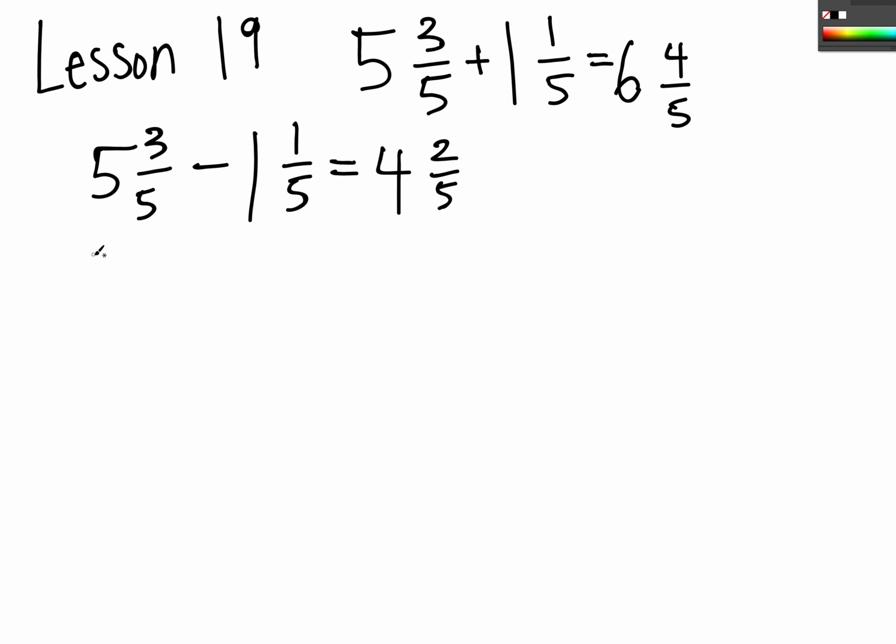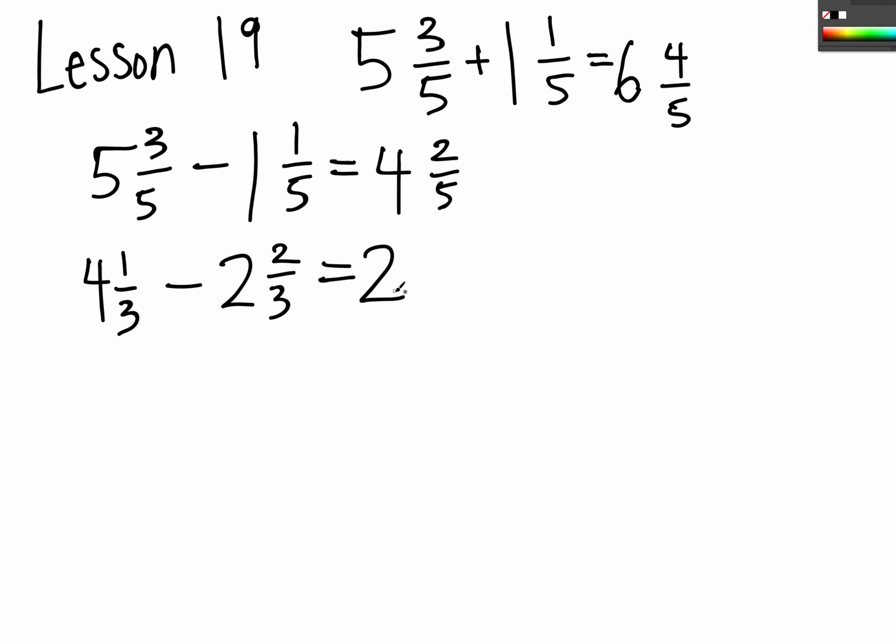So now we're going to look at a mixed number problem of subtraction, but it's going to require some additional work for us to do the subtraction. This problem is where we're going to begin our discussion. So, first of all, with the mixed numbers, we can subtract 4 minus 2, and that gives us 2.